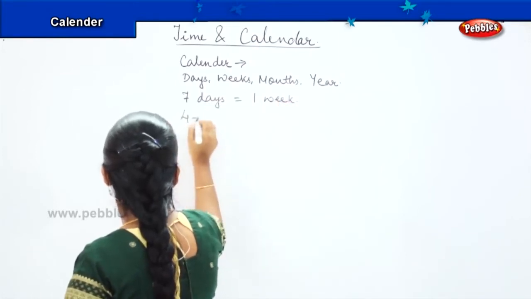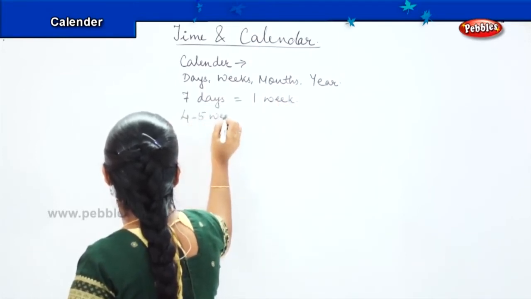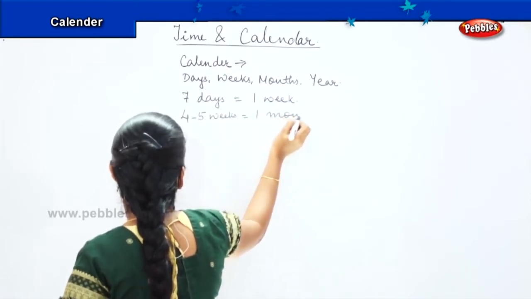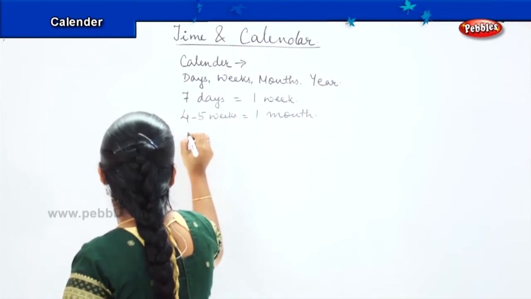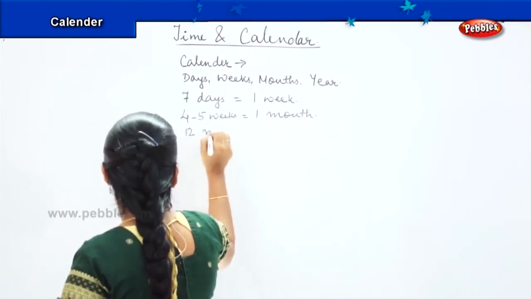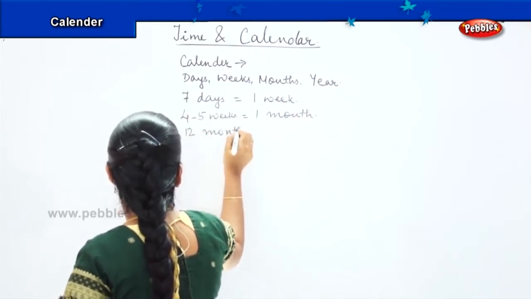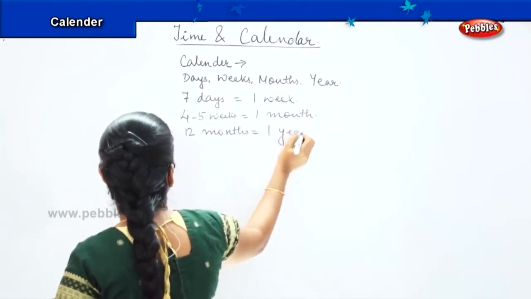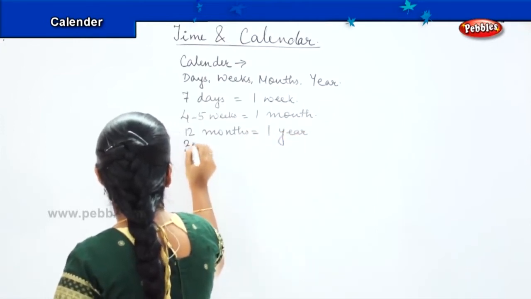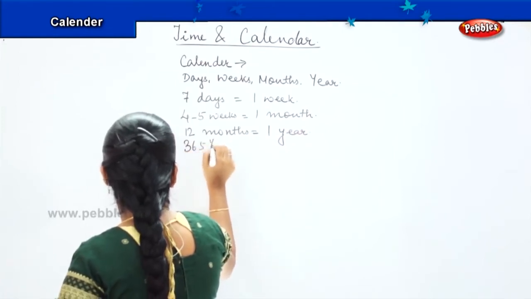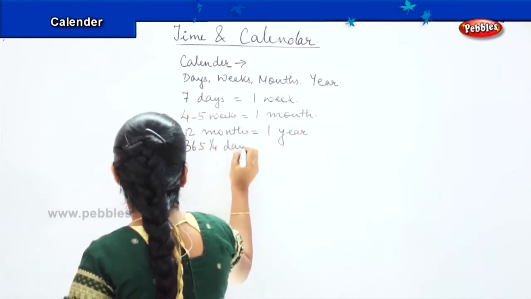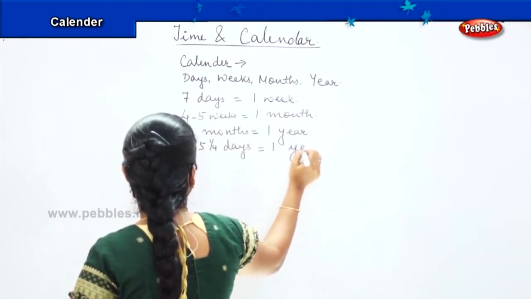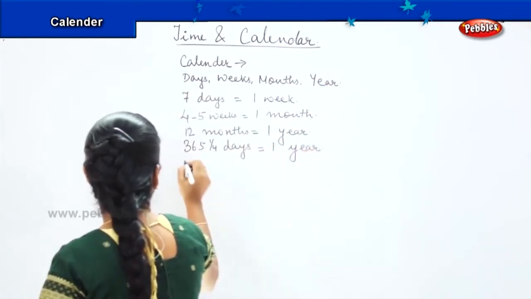And 4 to 5 weeks makes 1 month. 12 months make 1 year. 365 1 by 4 days make 1 year, right?